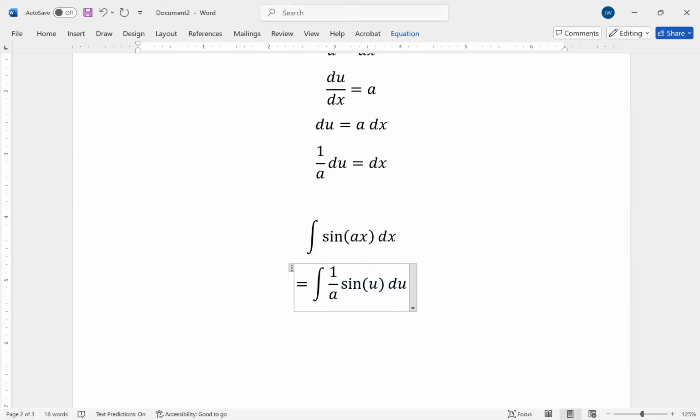Integrating with respect to u, the antiderivative of sine is going to be negative cosine. So we're going to get negative 1 over a. That's just that 1 over a is a constant. So we're going to get negative 1 over a times cosine of u plus c.